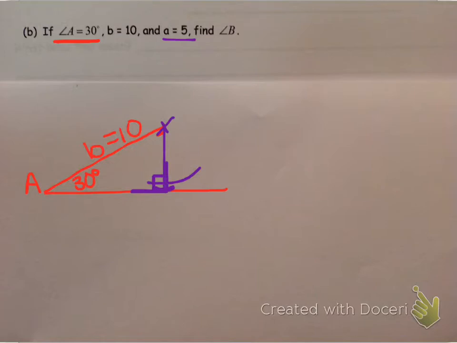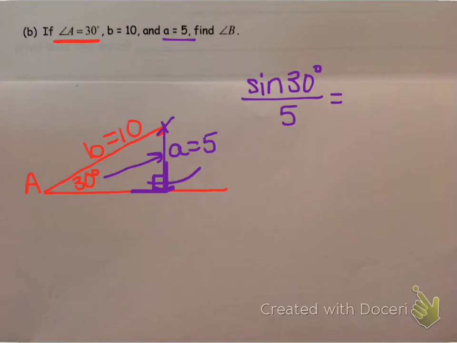Because with the law of sines, this time when we set it up, we're still doing sine of angle A, which is 30 degrees, over side A, only this time side A is a little bit longer. It's 5. And we're still figuring out what angle B is over here where we closed our triangle. So we're still doing sine of angle B over side B, which was 10.